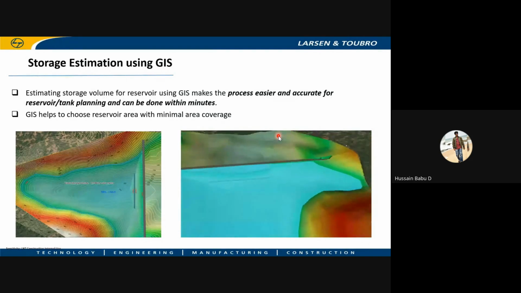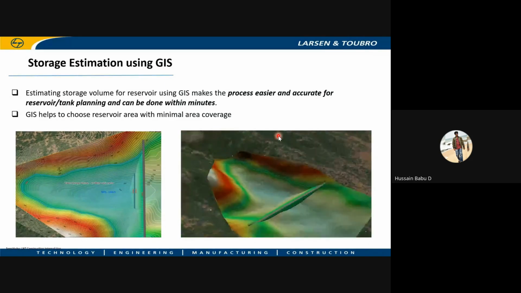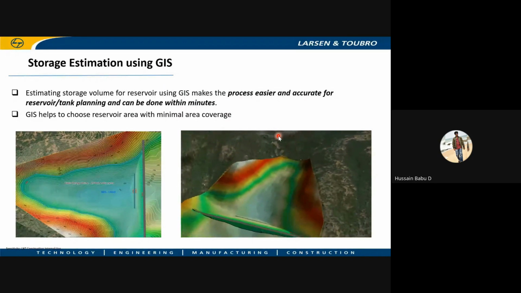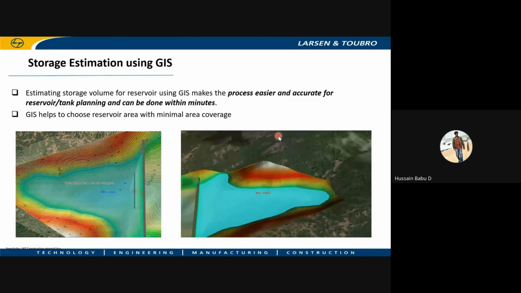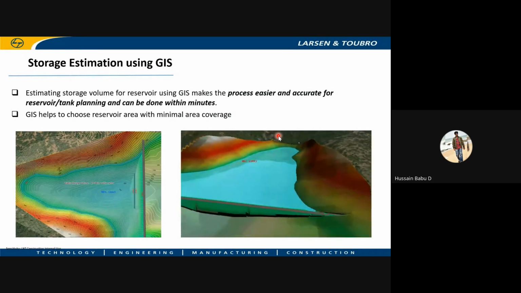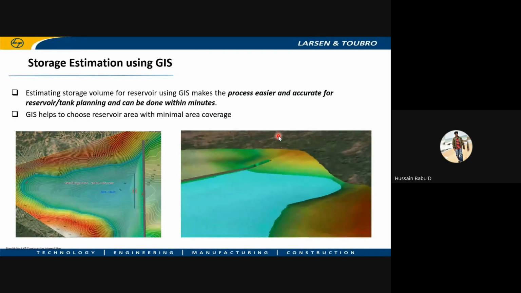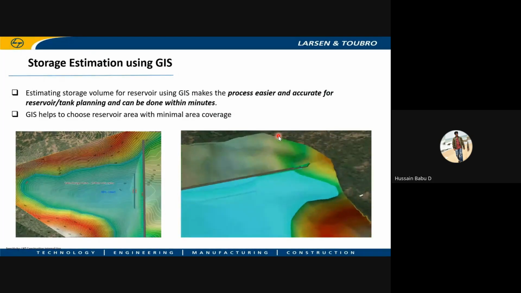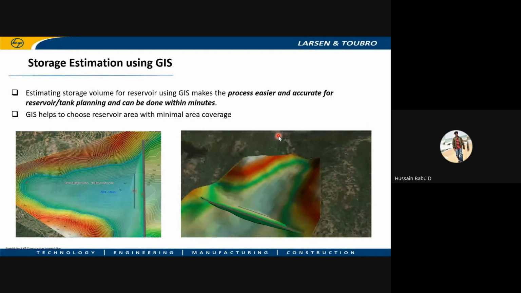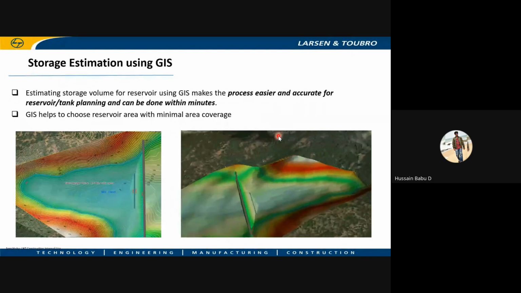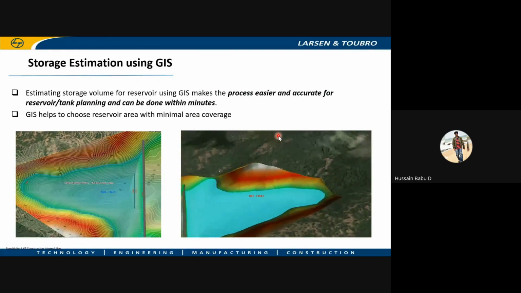In some cases we are doing a bund of nearly 30 meters, which is very huge, and the bund cost itself will go to some 200 to 300 crores for this kind of earthen bund structure. So this justification can be better presented with GIS models than with just drawings created in AutoCAD.